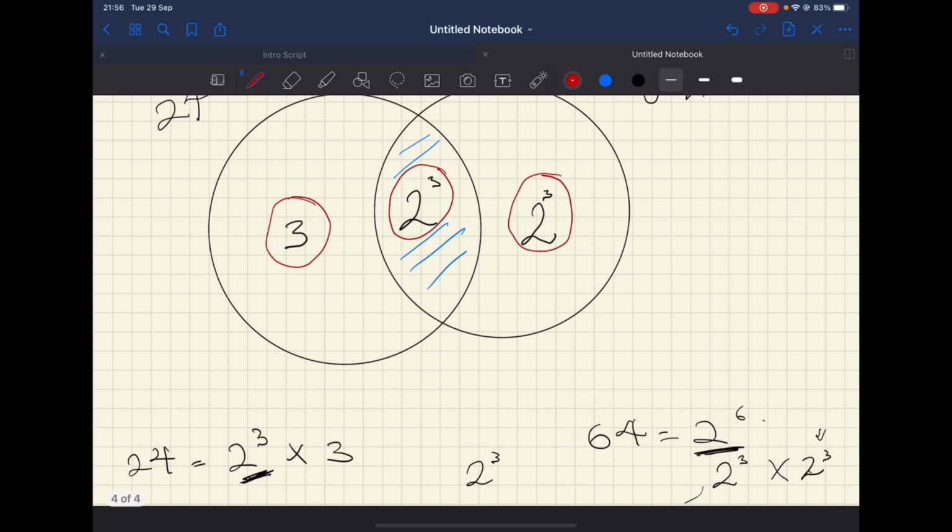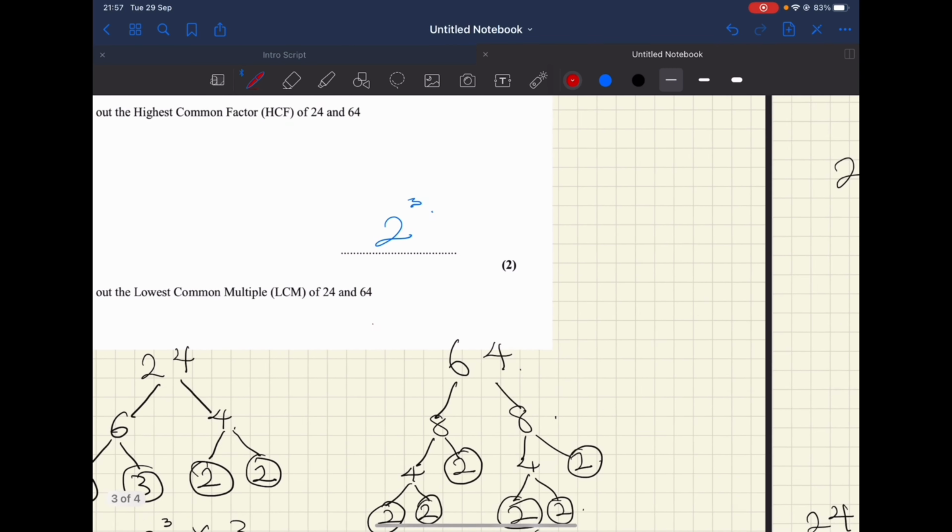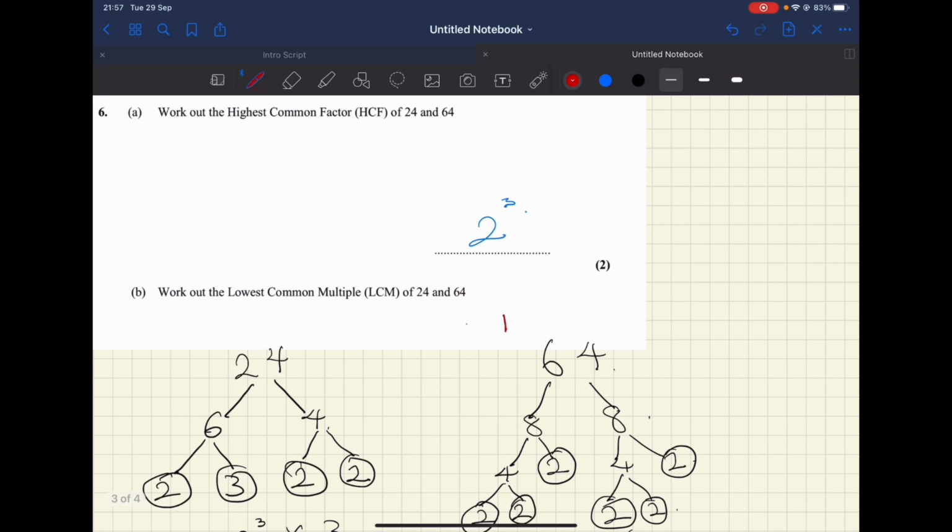So the lowest common multiple gives us 3 times 2 to the power 3 times 2 to the power 3, which gives us 3 times 8 times 8, 3 times 64, which is 192. So the lowest common multiple is 192.